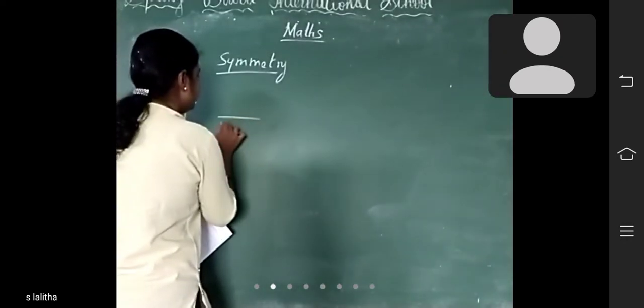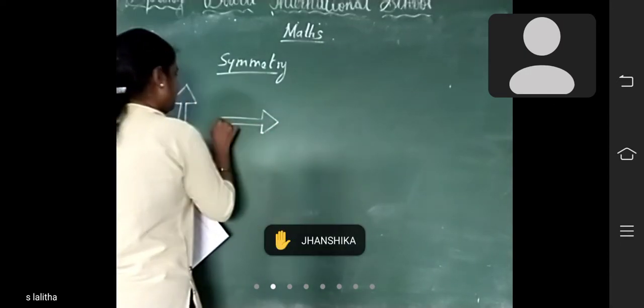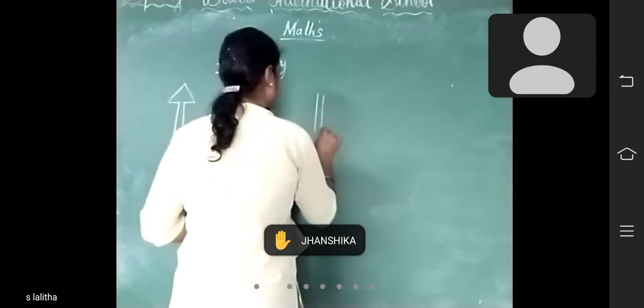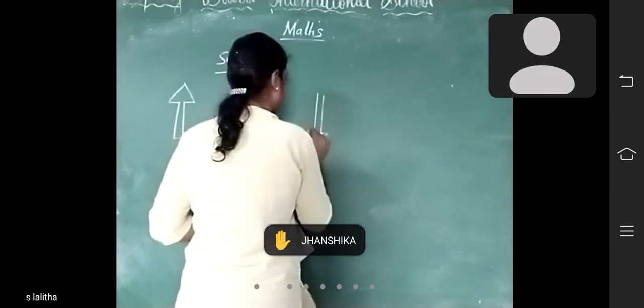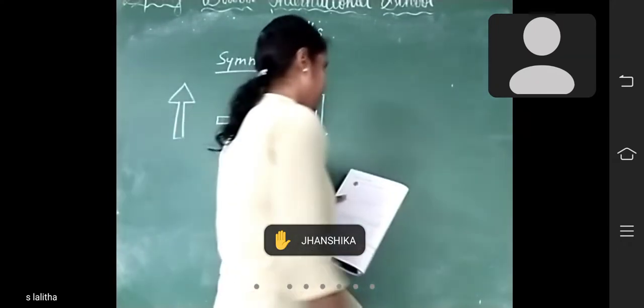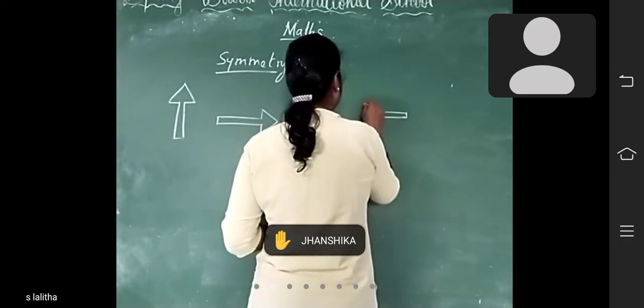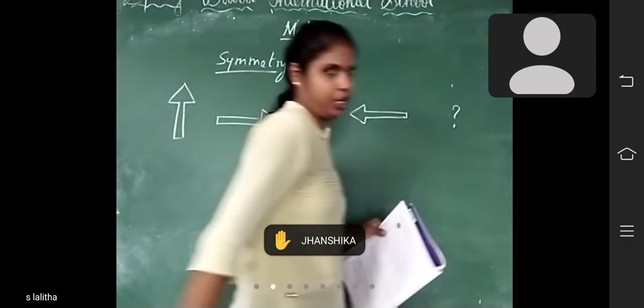Now it will turn like this, and next like this, and next like this. And what is the next position?